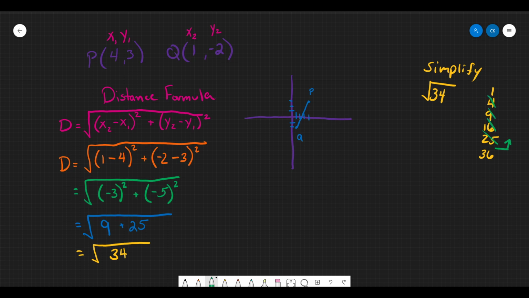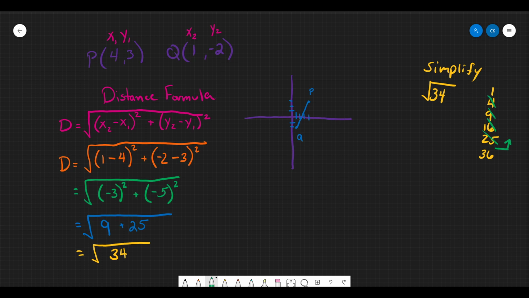of our radical. So if it asks us to leave it in radical form, my answer would just be the square root of 34. It might also ask me to round it to the nearest tenth or hundredth or whatever it may be.